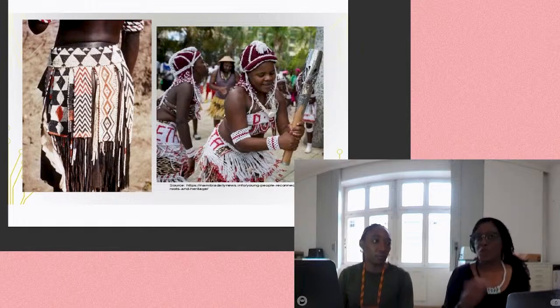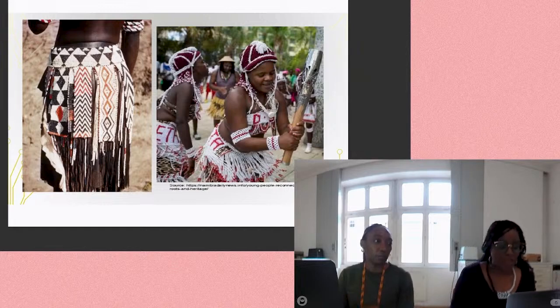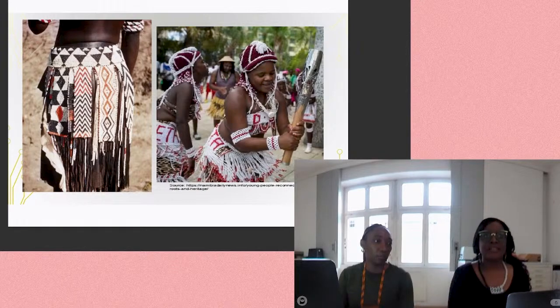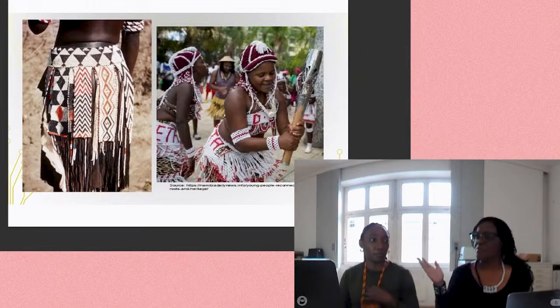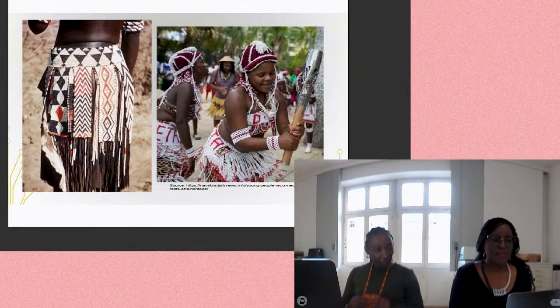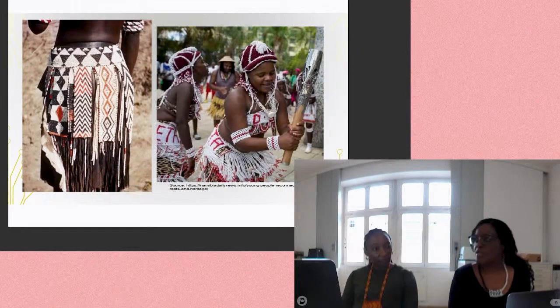So I'm just going to give a brief background on the Namibian ethnic groups, not all of them, but just to give you an idea. For example, what we have on the screen is an example of the beadwork worn by the Kavango people. That's the ethnic group that Maria belongs to. And you can see the exquisite beadwork, the patterns that also had meaning. You don't just wear an ornament for the sake of looking fashionable.